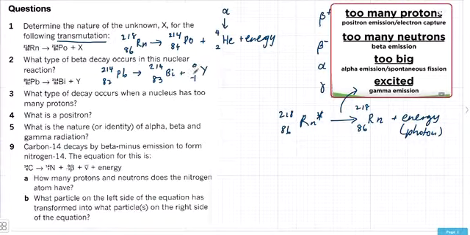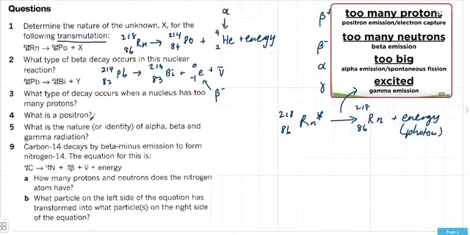So what has a 0 and a negative 1? That has to be an electron, so 0 mass, but a charge of negative 1. An electron is also known as a beta minus particle, plus this is also where we have the antineutrino, which is our energy and mass equivalent. If you've done the lesson on radioactive decay, you'd know that you have that there.